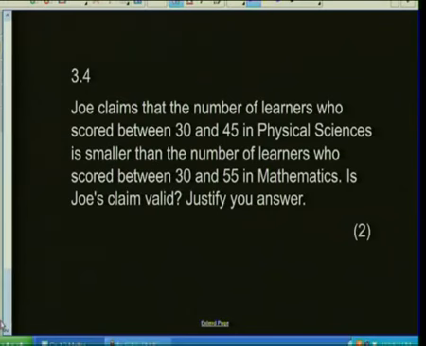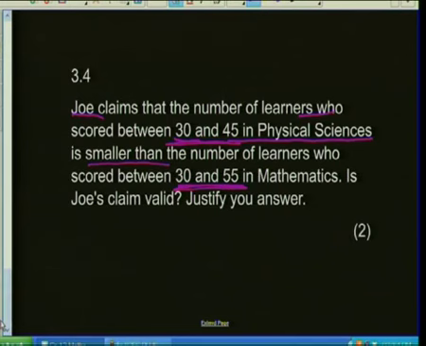Okay, great. Now let's check the next question. Joe claims that the number of learners who scored between 30 and 45 in physical science is smaller than the number of learners who scored between 30 and 55 in maths.